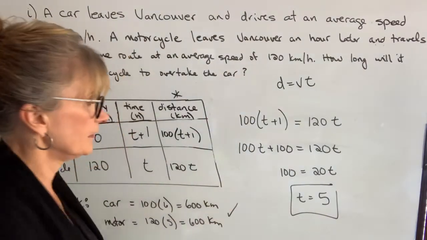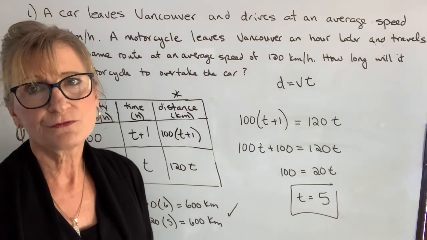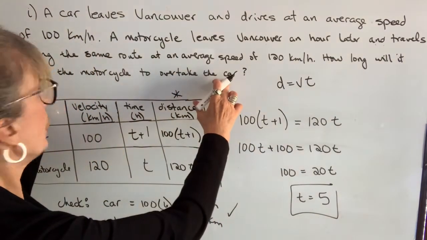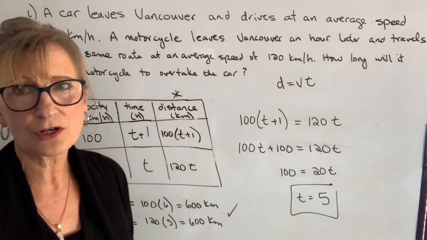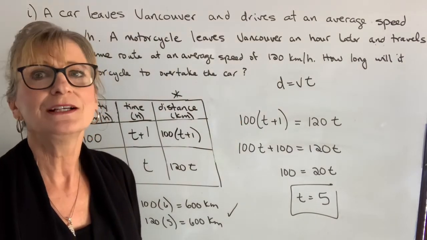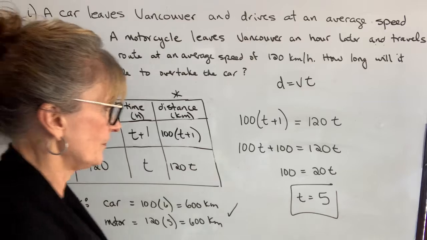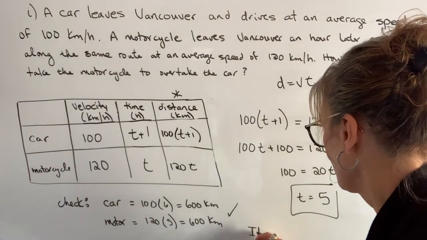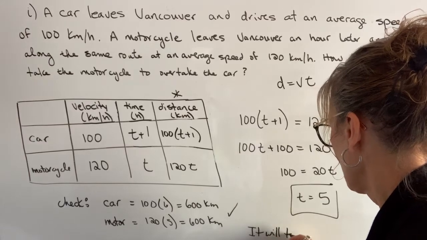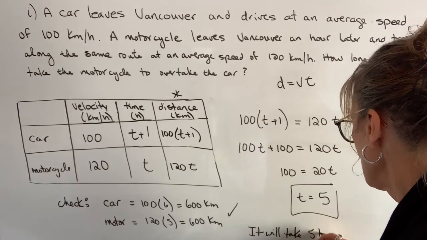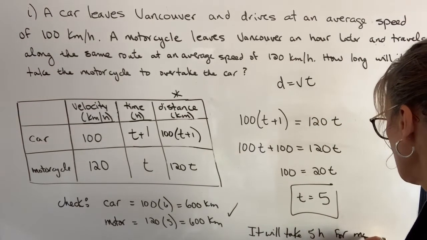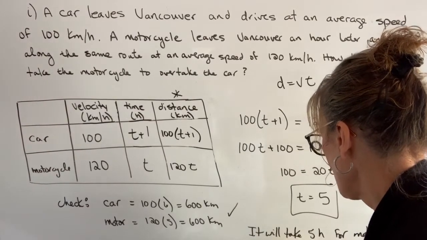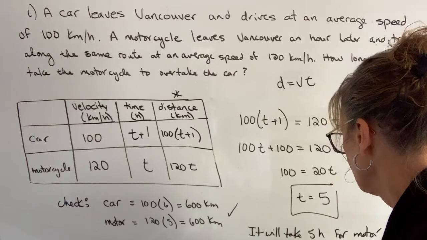We know that this solution works. So we've finished. Let's see if it answers the question. How long will it take the motorcycle to overtake the car? Since that's what I let my variable equal, that's going to be the answer to the problem. So you can write a statement. It will take 5 hours for the motorcycle to overtake the car.